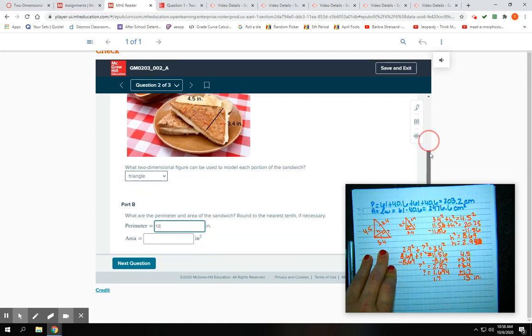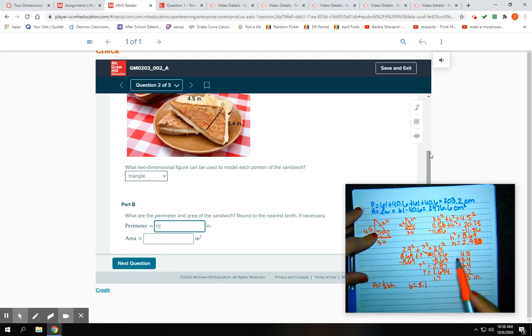Now I want to find the area, and the area is 1/2 base times height. My base is this whole distance here, which is the 3.4 and the 1.7. So my base is 5.1-ish, okay?